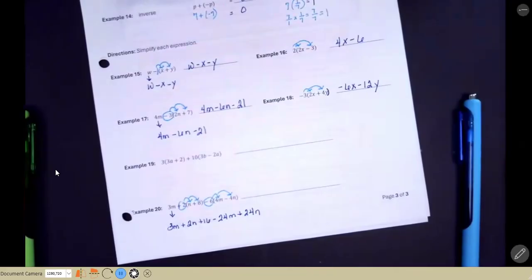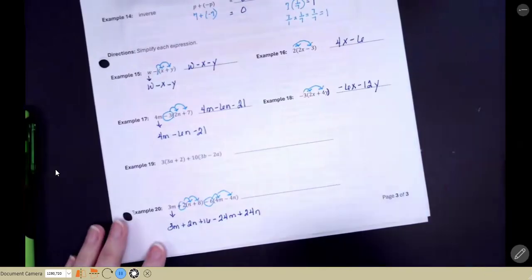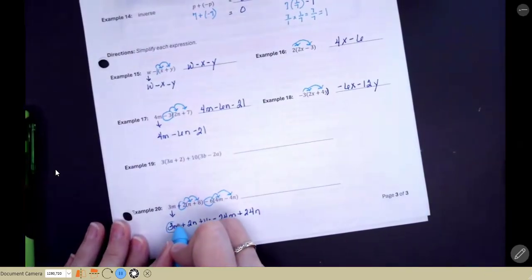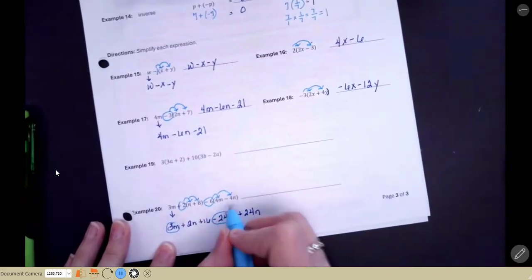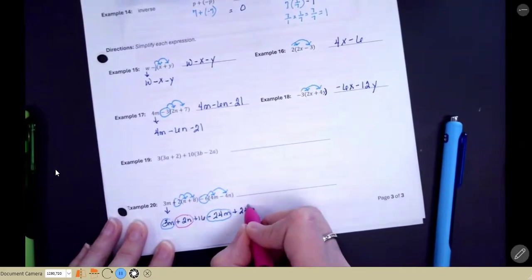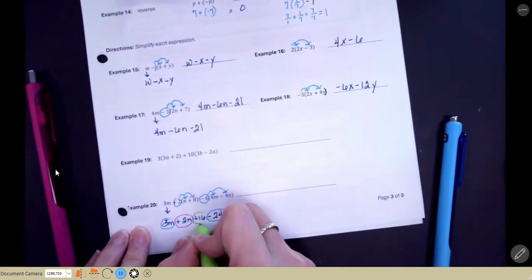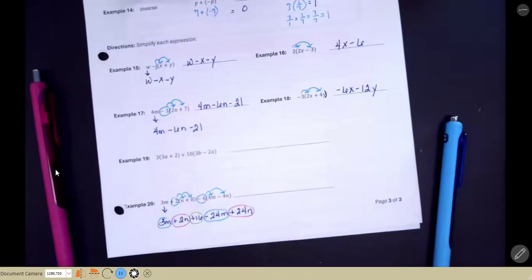Once you're finished, I want you to identify any like terms, okay? And then I want you to combine those to your final answer, okay?